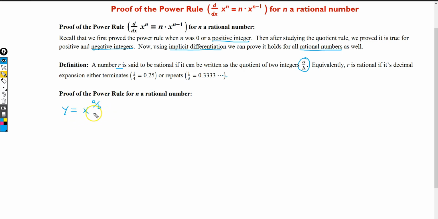This is equivalent to stating that y to the b equals x to the a, since we raised both sides to the b power, where a and b are both integers. We assume y is a function of x, of course, so y to the b, a function of x, equals x to the a. Now we differentiate both sides with respect to x.